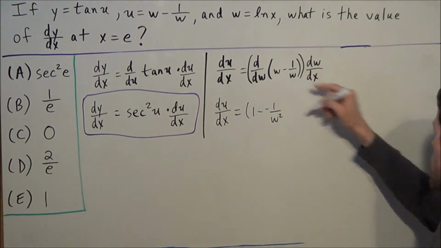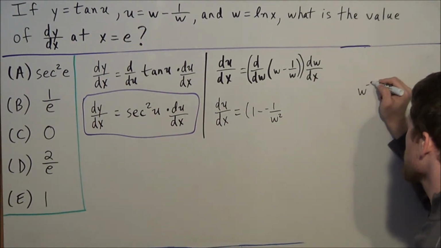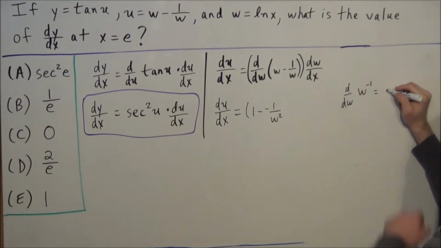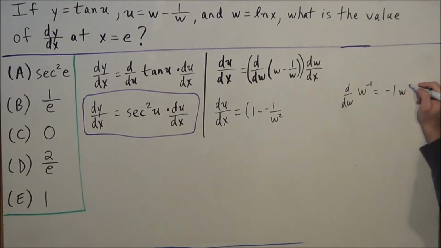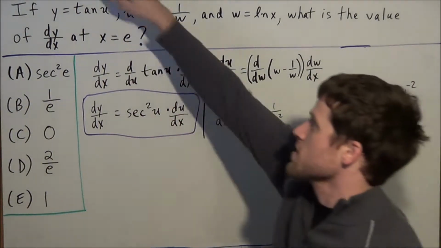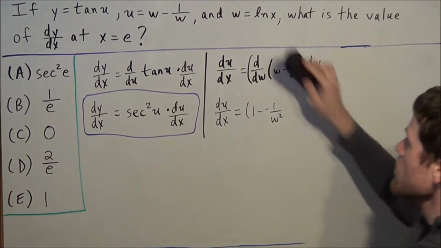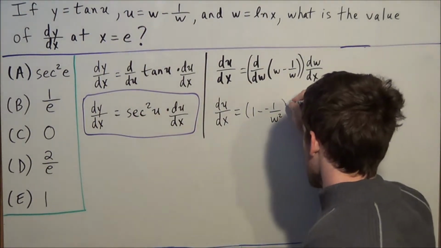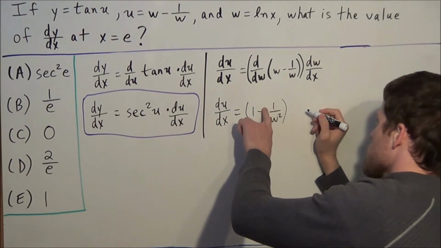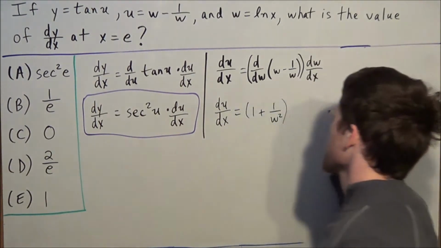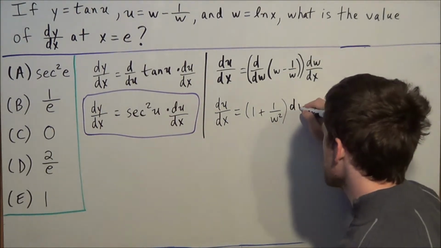Remember, real quick, 1 over w is w to the negative 1, and if we take the derivative, we're using the power rule: negative 1 times w to the negative 1 minus 1, which gives us the negative 1 over w squared. But when we look at this, notice we're going to have two negative signs. So we can change those two negatives to a positive. So this will be 1 plus 1 over w squared, and we have our dw/dx.